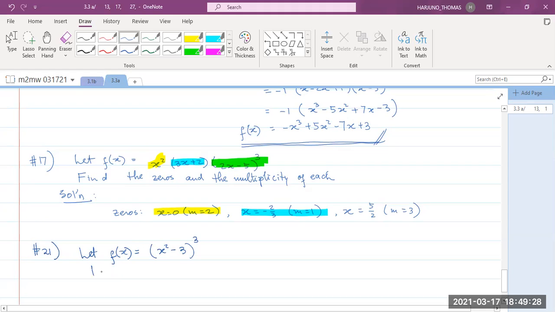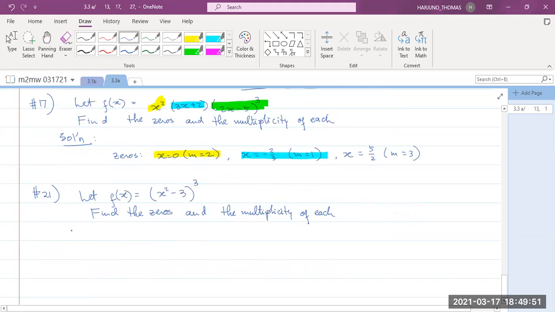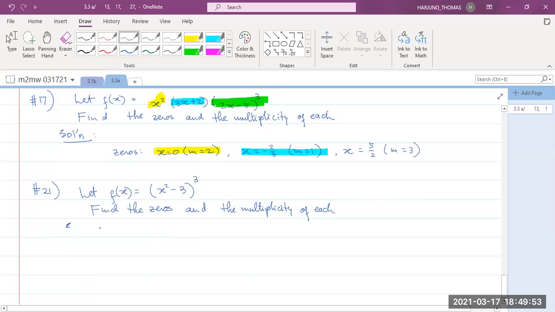Okay, find the zeros and the multiplicity of each. Solution. We will factor that further. So f(x) equals (x squared minus 3) being cubed, right?